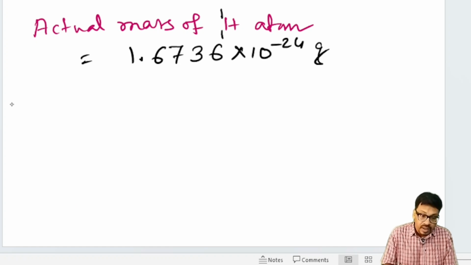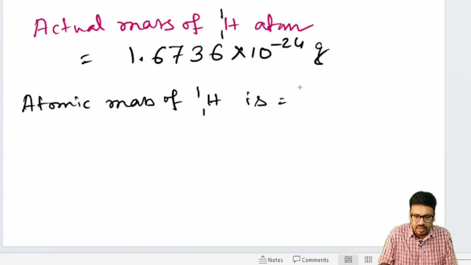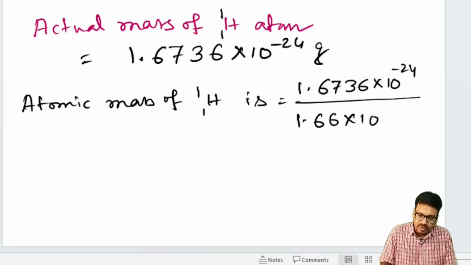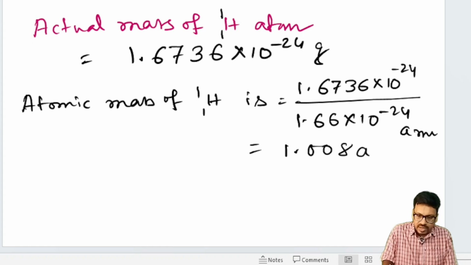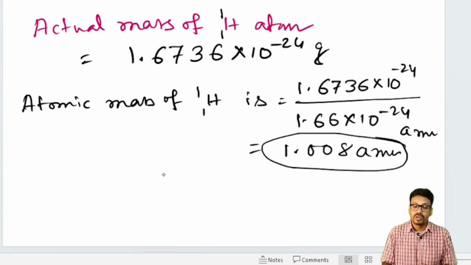Clear? Now, what is the atomic mass of 1H1? It is 1.6736 into 10 to the power minus 24 by 1.66 into 10 to the power minus 24 AMU. Now this is 1.008 AMU. Clear? This is the atomic mass of hydrogen.